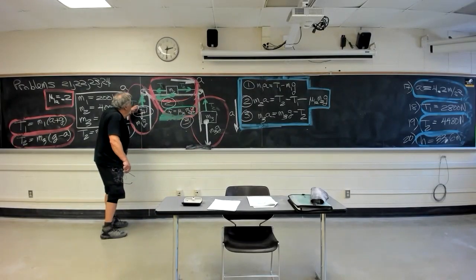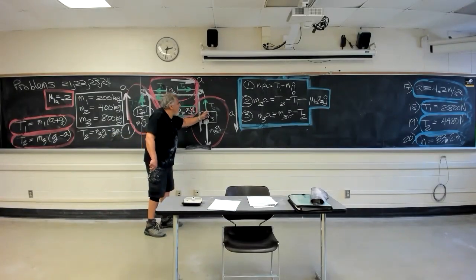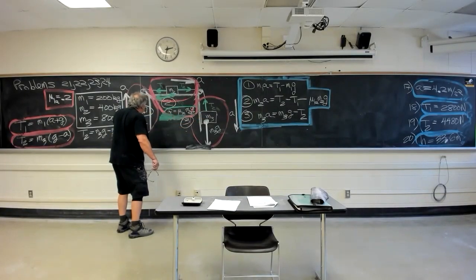T1 is smaller than what it was earlier because it can't pull as hard. So the upward pull is not as strong. The upward pull to get this thing to go upward is smaller than when there was no friction, which makes sense because with friction there's not as much acceleration. So this is just not able to pull as hard.